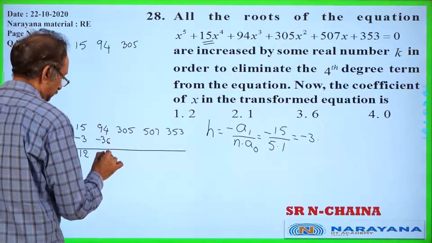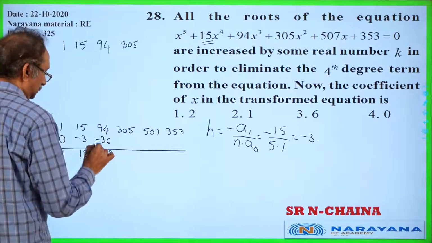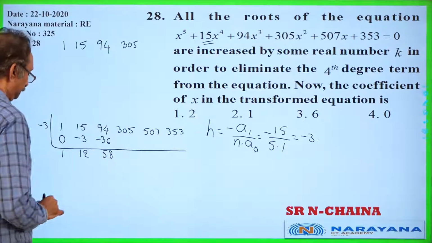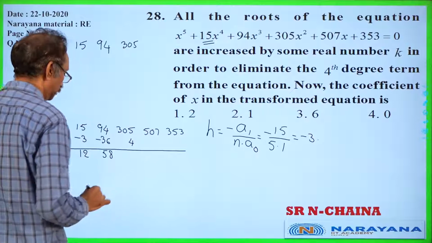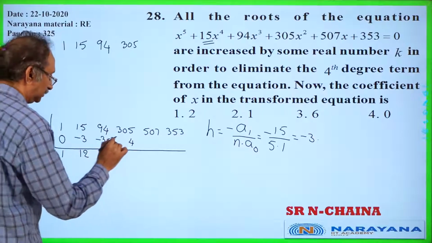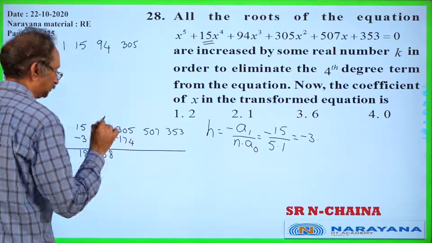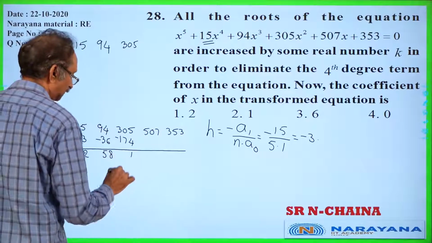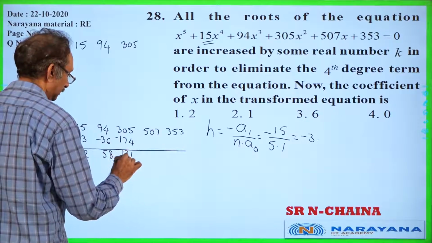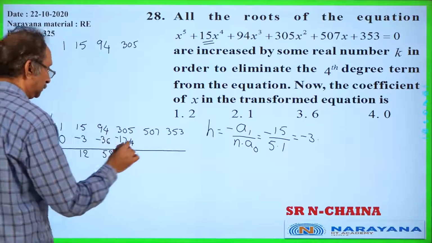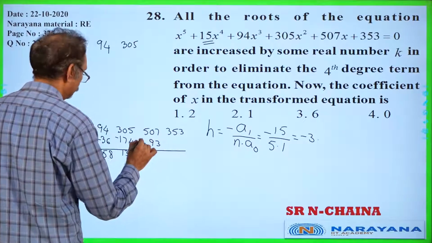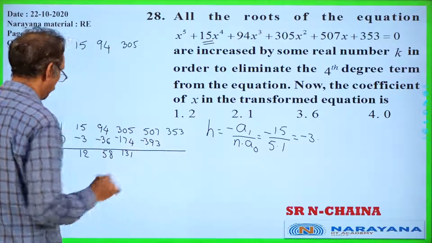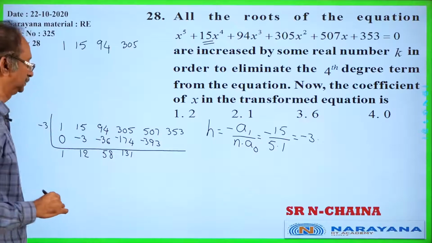So this is 8. 8 minus 3, 5. And 8 times 3 is 24. And 15, that is 17, minus 174, this is 131. So 3 ones are 3, that is 9, and this is 3, minus 393.